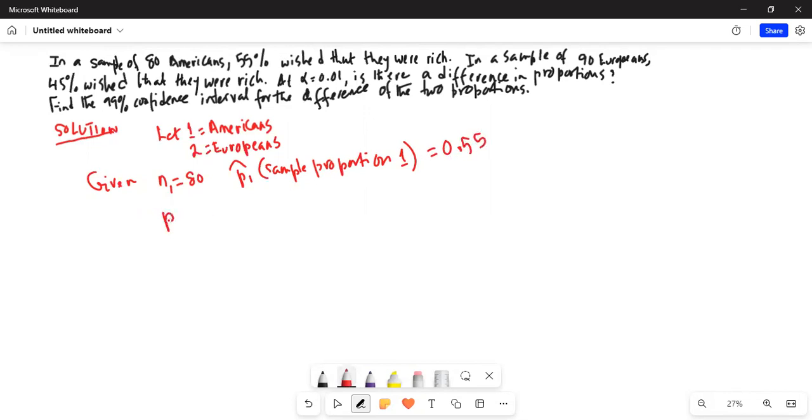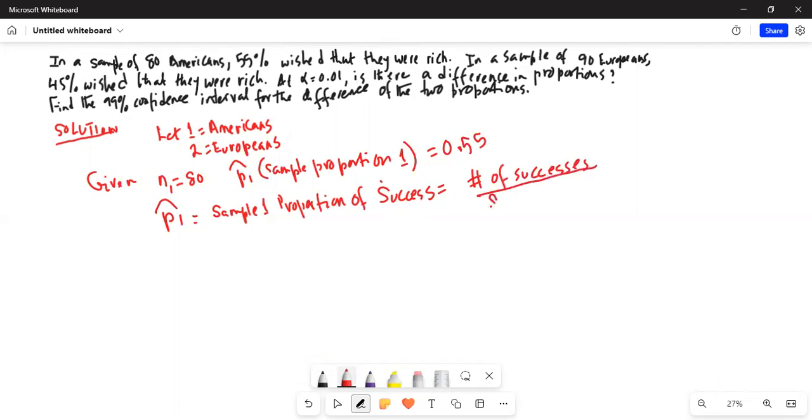So if you remember, P1 hat is the sample 1 proportion of success, which is number of successes divided by sample size.